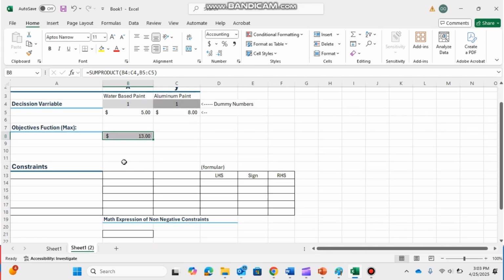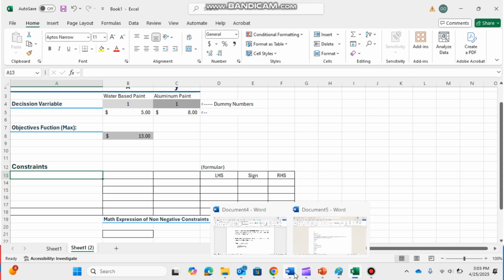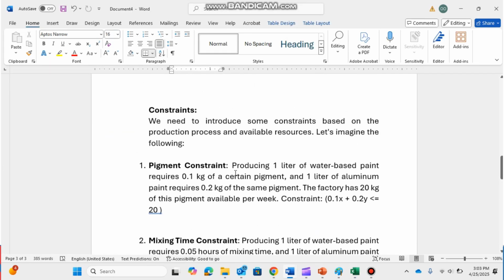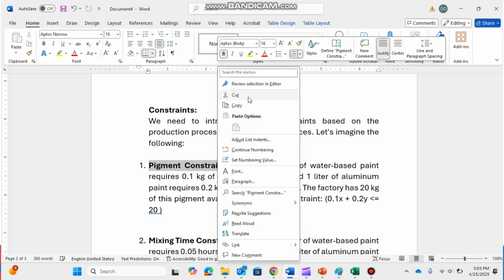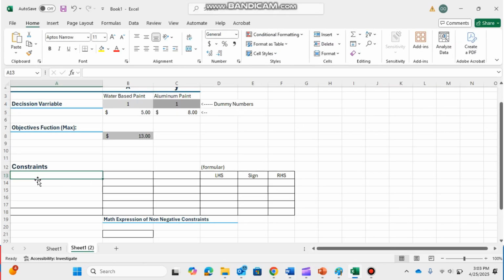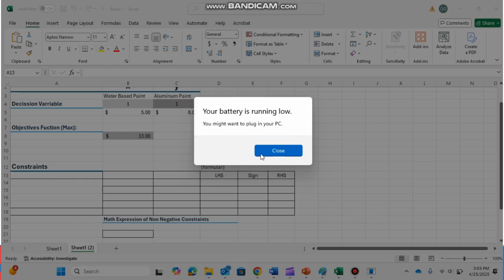Now remember that we already had our constraints stated out from the expression. The first constraint, if you remember, is the pigment. So we can just copy from here, then come to our Excel and put it here.